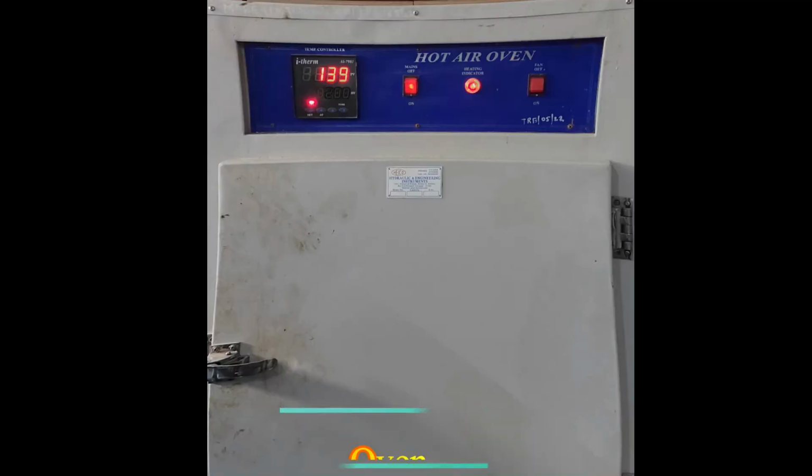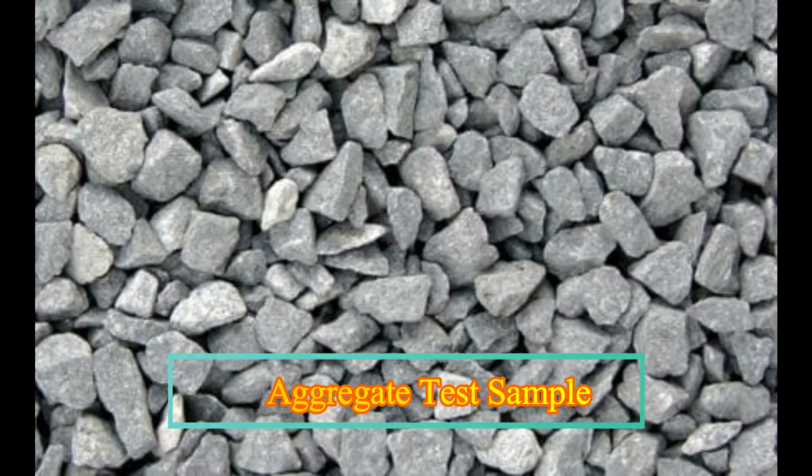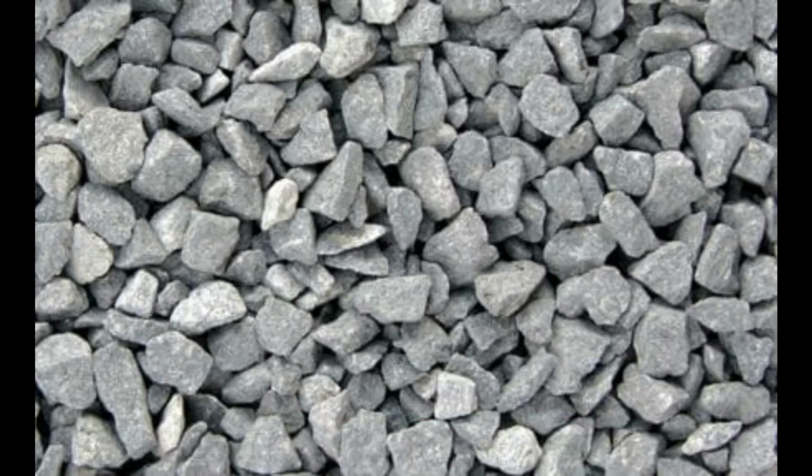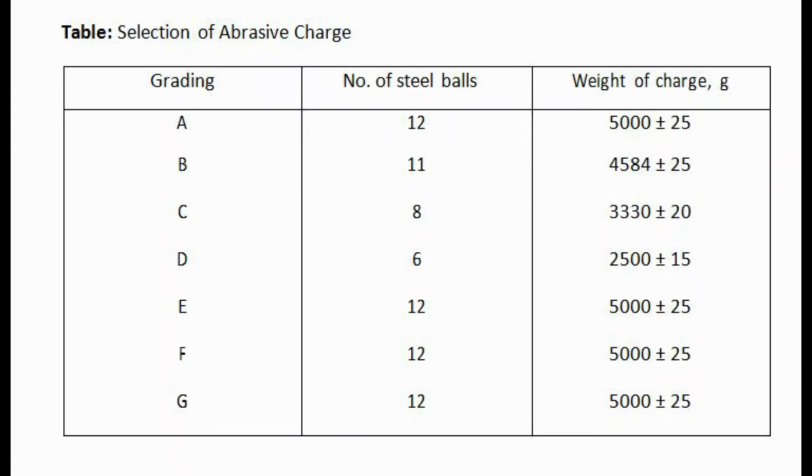Drying oven, maintained at a temperature of 100 degrees Celsius to 110 degrees Celsius. The aggregate sample used for the test comprises a grading specified in this table.